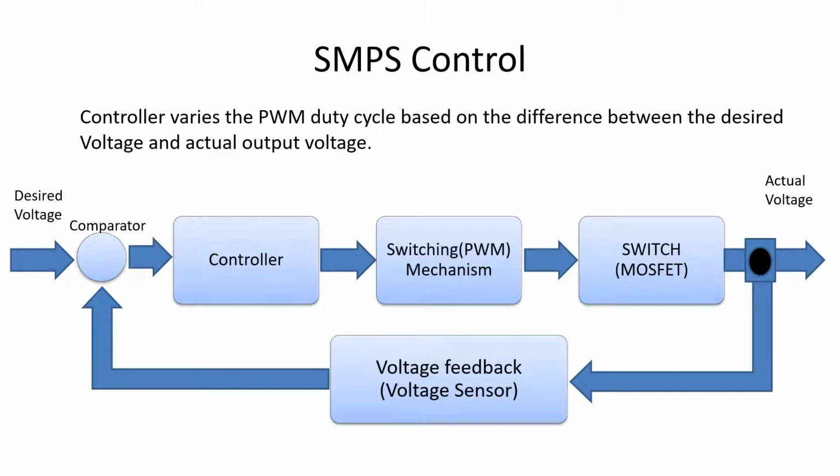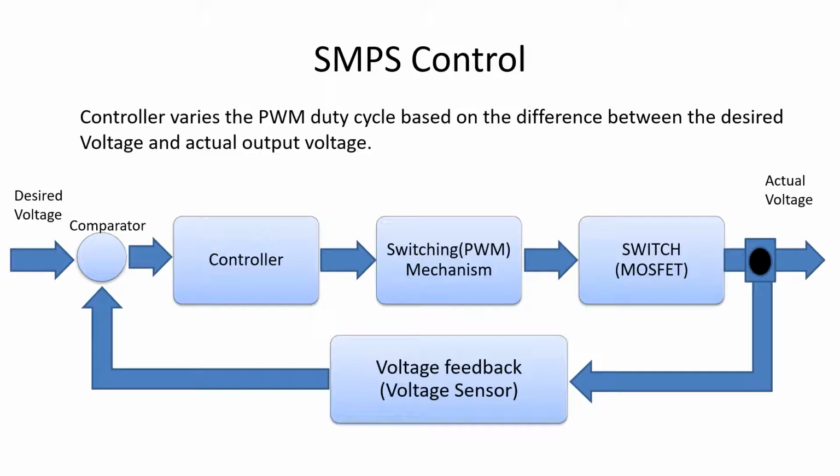Using voltage feedback, the output is sensed and compared with the reference voltage, that is the desired voltage. It can be 5 volt, 6 volt or 12 volt based on the SMPS.